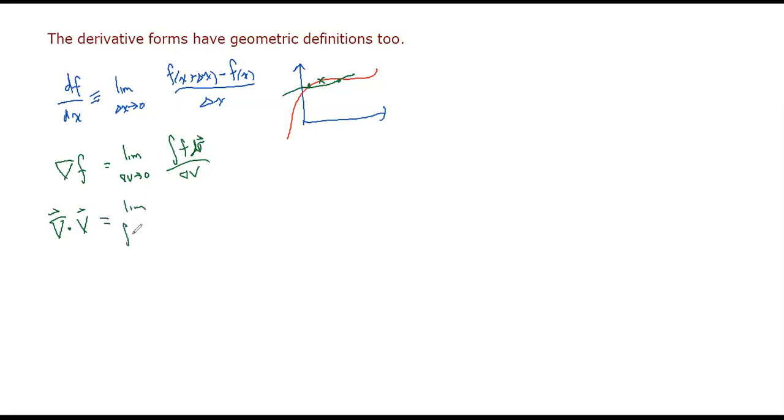Okay, and I can't use v again. Actually, this is the right way of being lazy. Do not use v, use A as my vector field. Again, as a volume, limit as a little piece of volume goes to 0, integral A dot d sigma over delta v, so a little piece of volume.